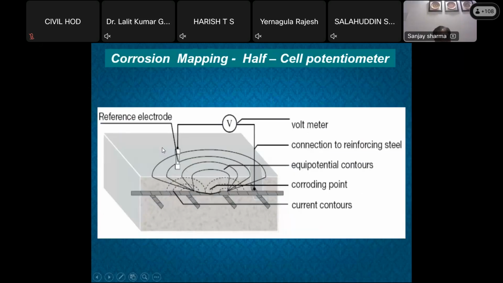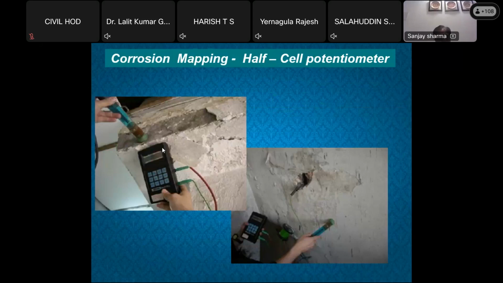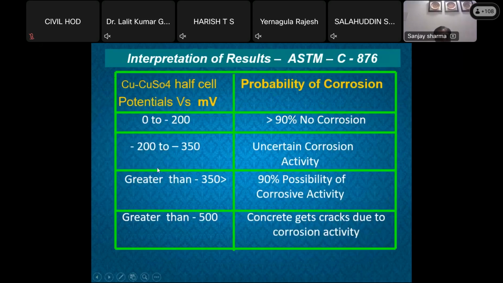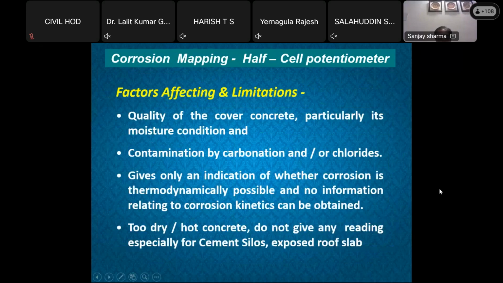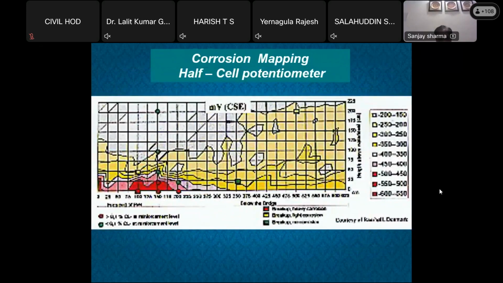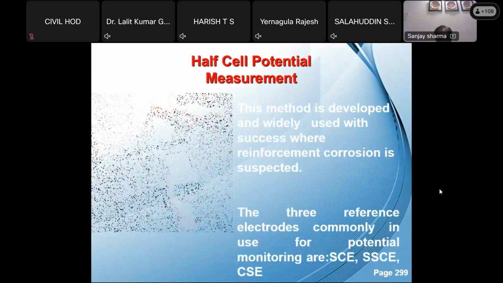That voltage is correlated with the corrosion activity in the structure. This is what is called the copper sulfate electrode. So you find out the probability of corrosion. This is an indirect but smart application for that purpose.